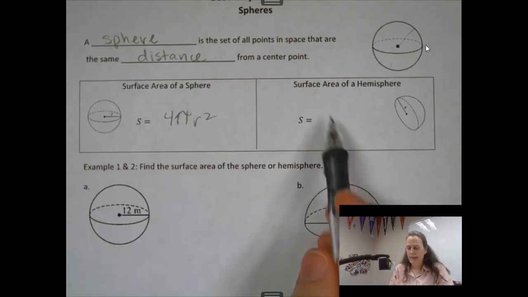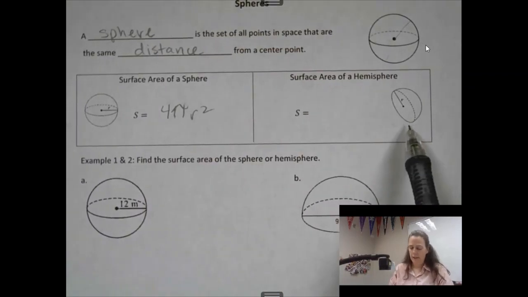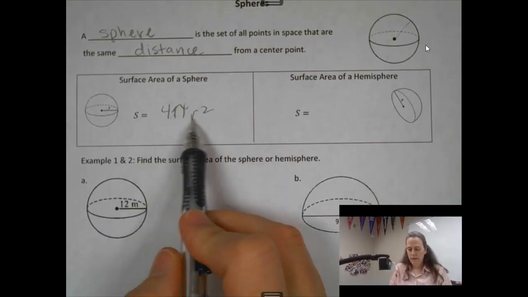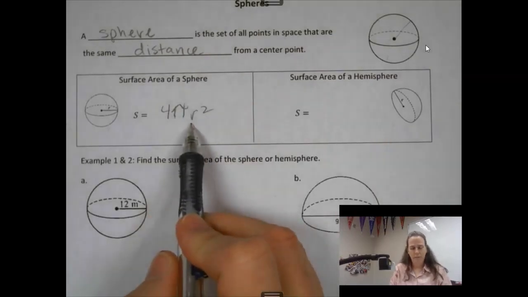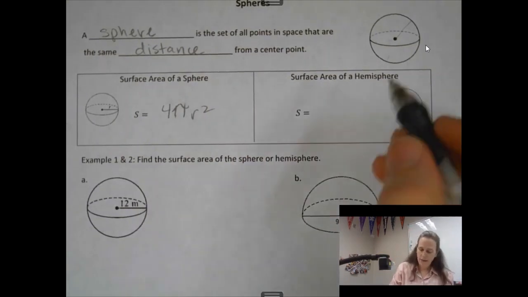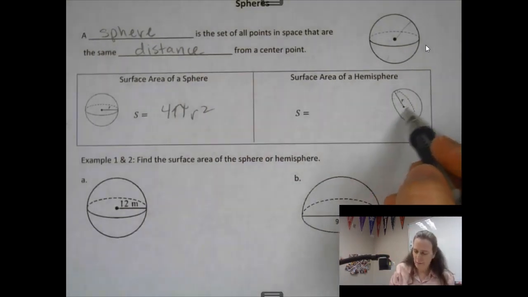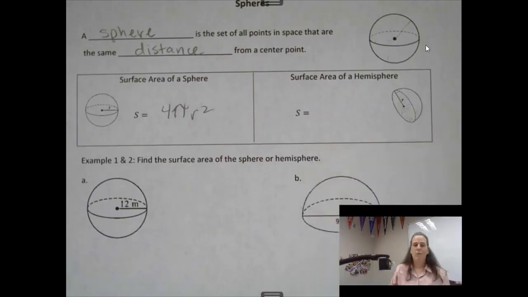The other one we want to look at is the surface area of a hemisphere, which is exactly half of a sphere. This one's a little bit different. So we would want to do half of this, right? We've got that whole outside, but we just want half of the outside. But then the other thing to think about is that it has this flat part on it, which also has area, surface area.